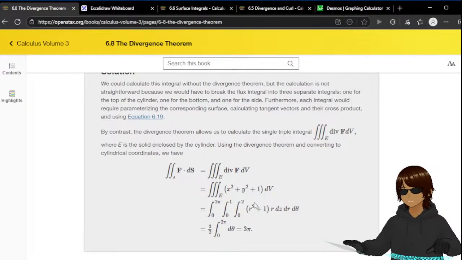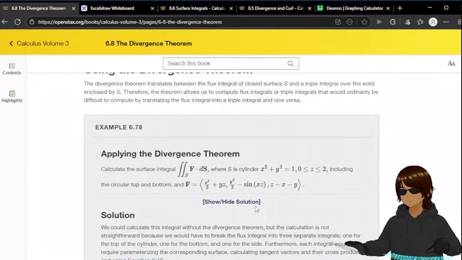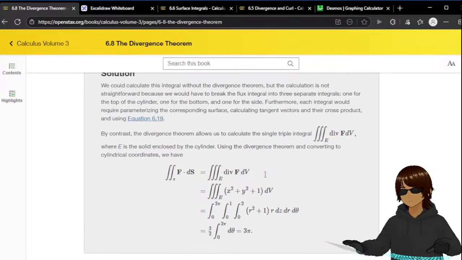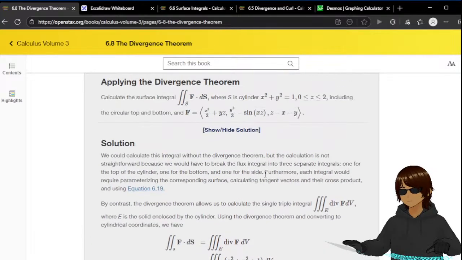Why did they do this? r squared plus 1. dV is dz dr d theta. What about this? r squared plus 1.